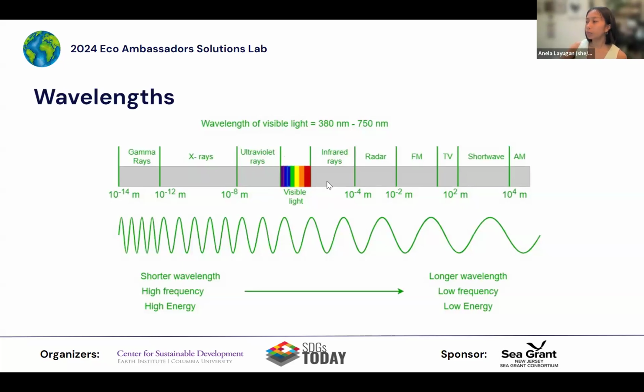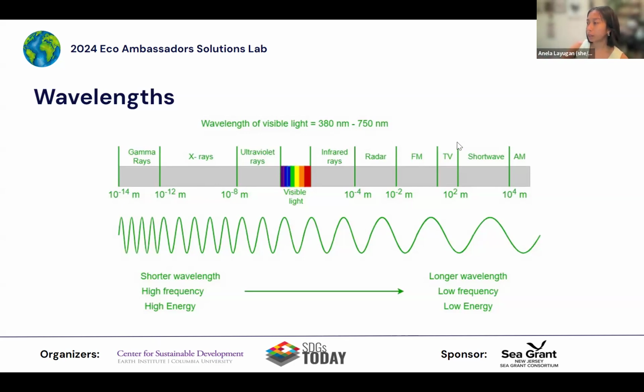Besides visible light, there are shorter wavelengths that are gamma rays, X-rays, and ultraviolet rays. If you ever broke a bone, that is an X-ray image that they collected from you. It's basically just obtaining the information from these specific wavelengths.